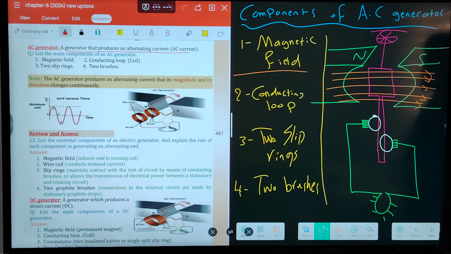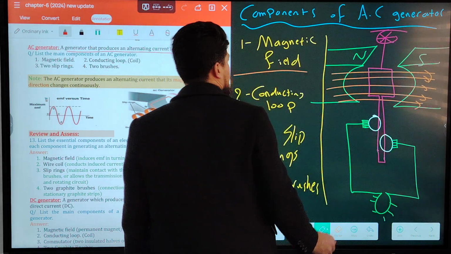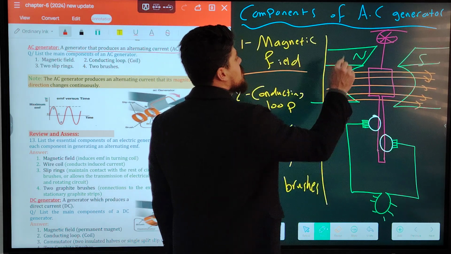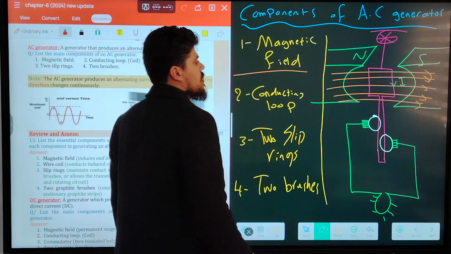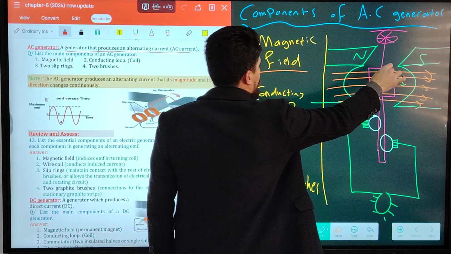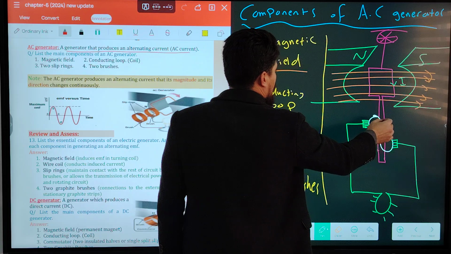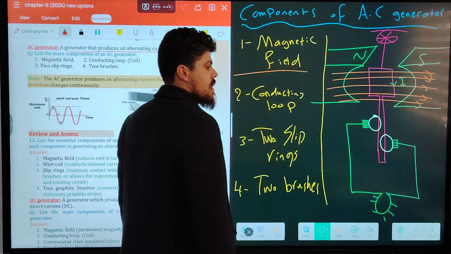As the coil rotates in the magnetic field, current is induced in the coil, and the charge flows from the two slip rings into the two brushes.